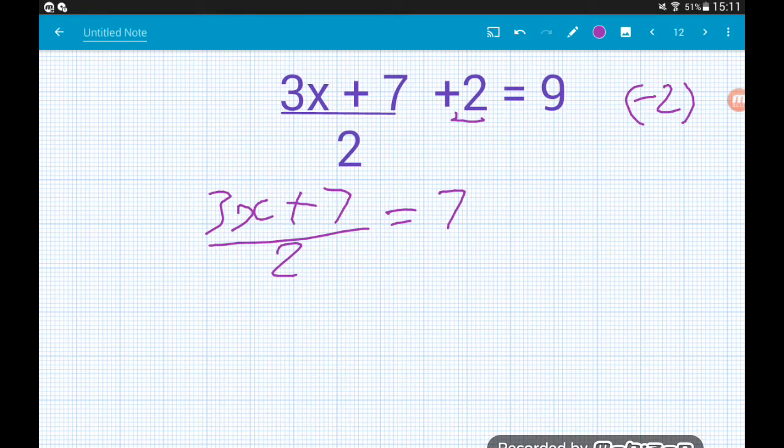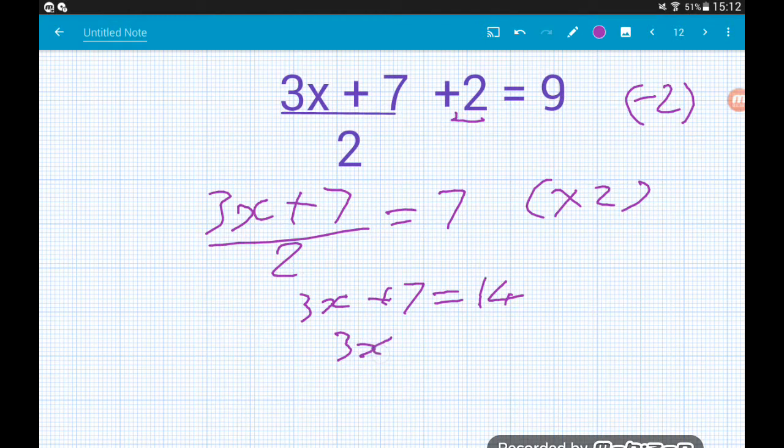Okay, so now we can carry on as we have in the previous questions. Let's multiply by the 2, and that's going to leave us with 3x plus 7 equals 14. Now if we take away the 7, we're going to get 3x equals 7.